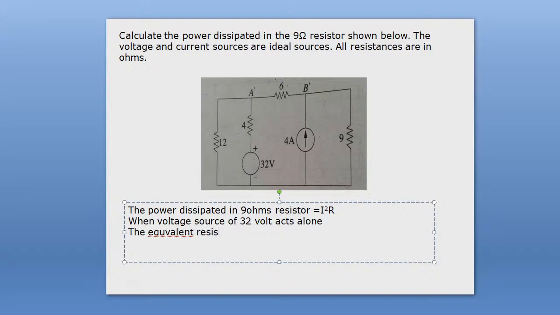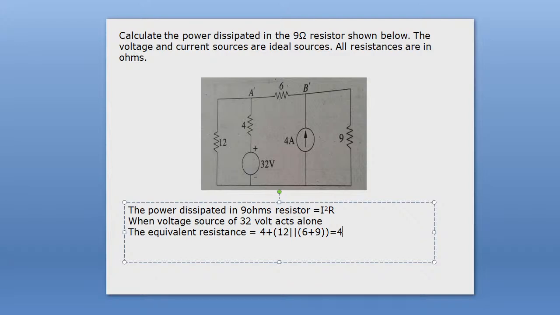Everyone solve yourself and let me know the answer. Equivalent resistance is equal to how much? 4 ohms plus the parallel combination of 12 ohms and the sum of these two series resistances, 6 plus 9. Everyone see, the equivalent resistance will be 4 plus the parallel combination of the 12 ohm resistance and 15 ohm resistance.